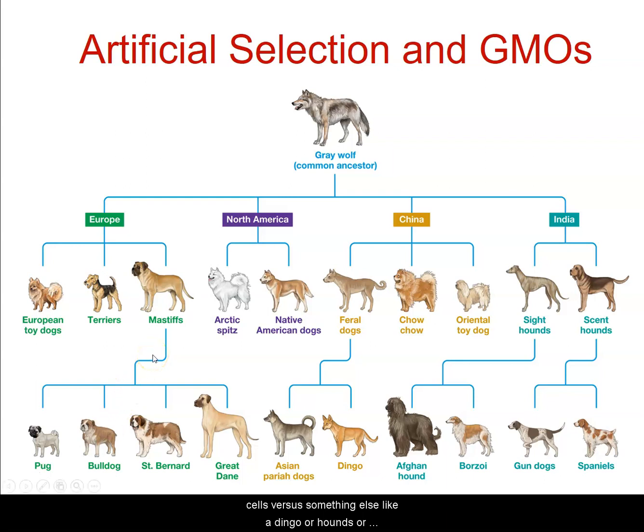Versus something else like a dingo or hounds or whatnot, these were all artificially selected for certain characteristics that humans wanted.